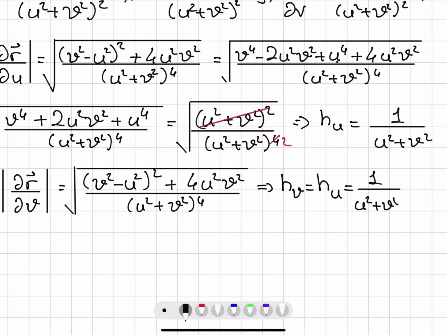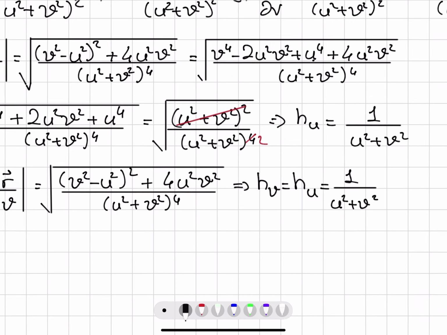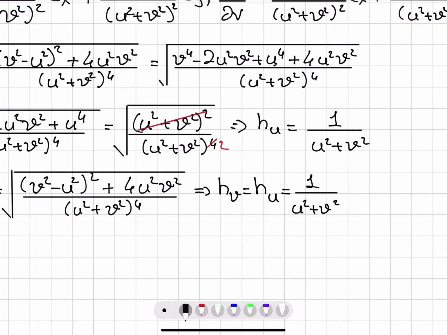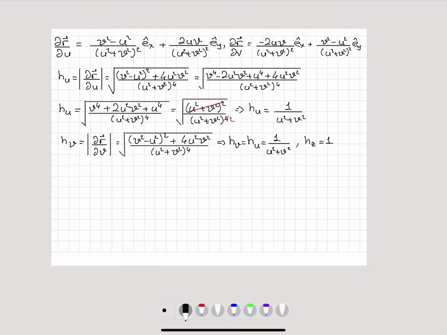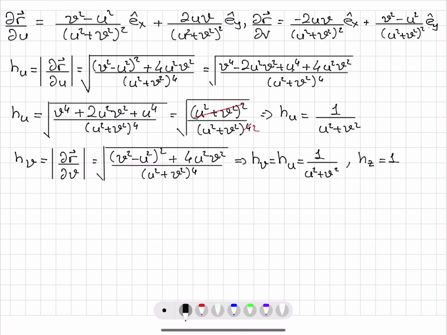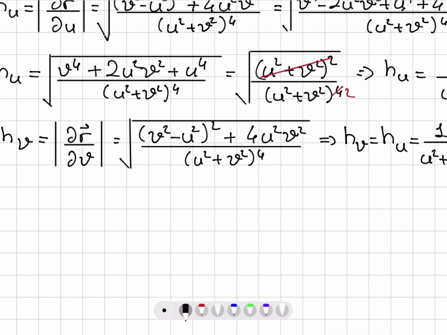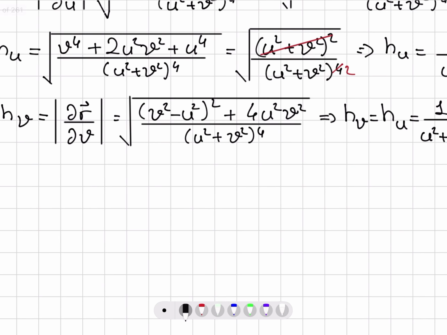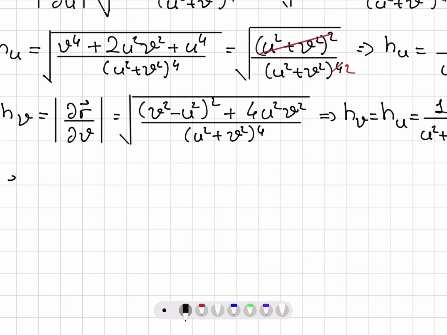And since I have z is equal to z, the scale factor h sub z is equal to 1. So once I know these scale factors, I can calculate the unit vectors. What is the unit vector eu hat? This is 1 over the scale factor h sub u times del r del u. So del r del u divided by its magnitude.